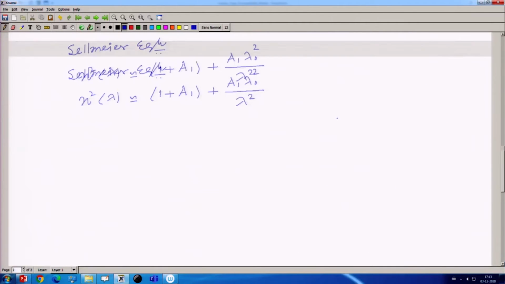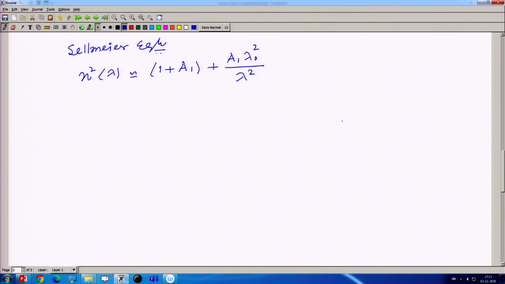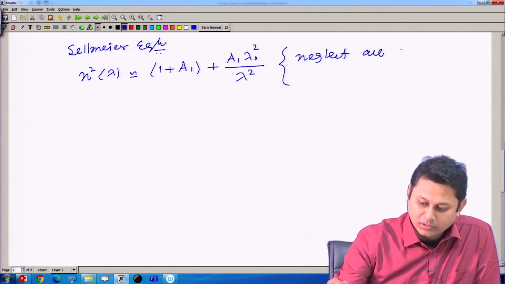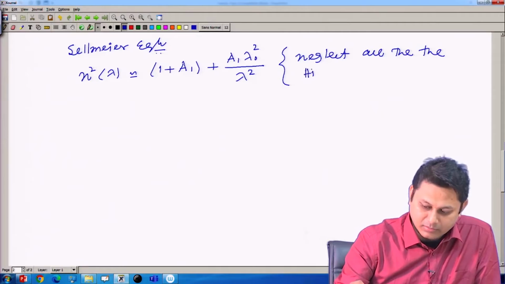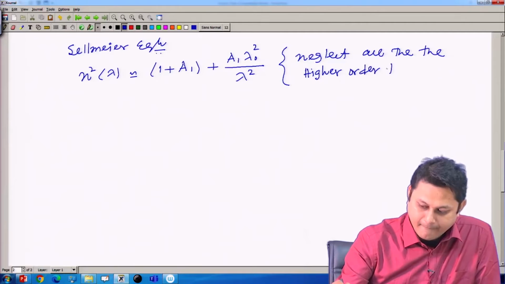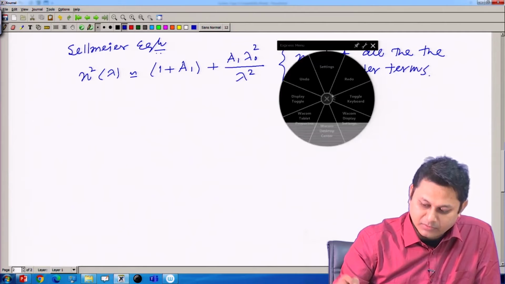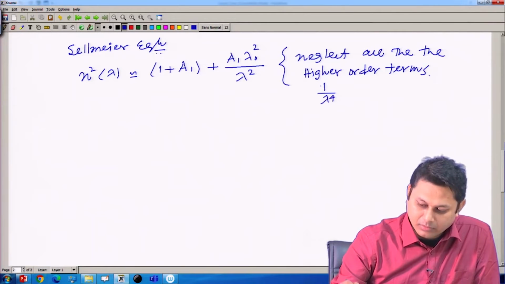It just tries to correlate the Sellmeier equation and the Cauchy's equation together. So, here we neglect all the higher order terms like 1 divided by lambda to the power 4, etc.